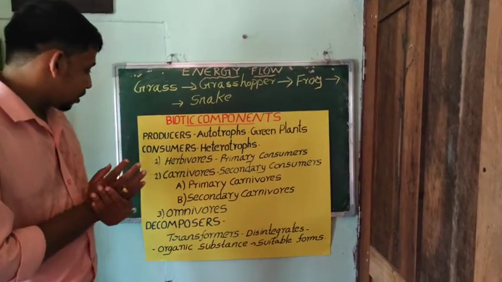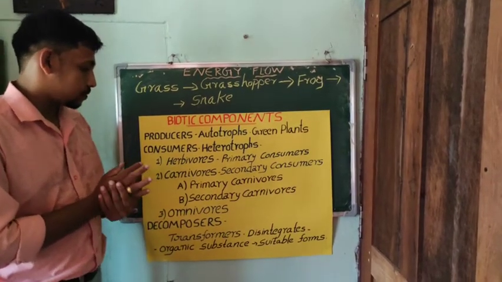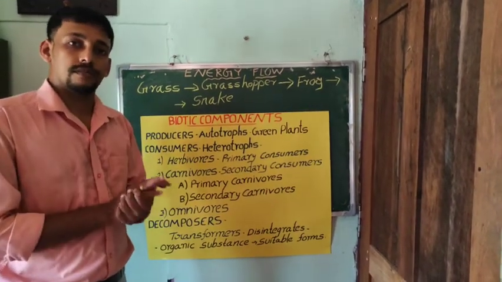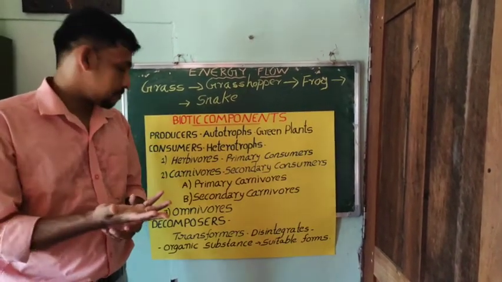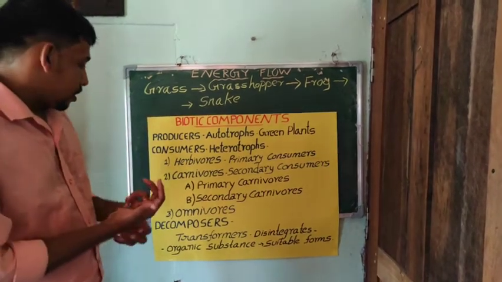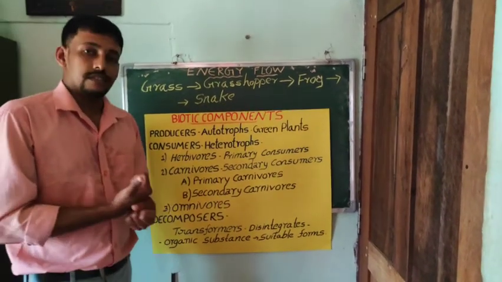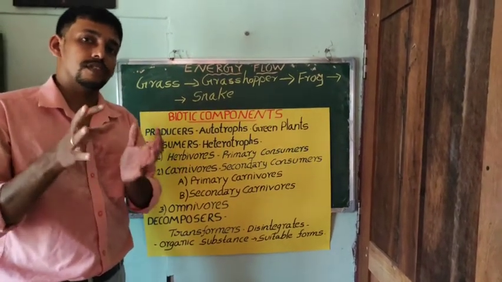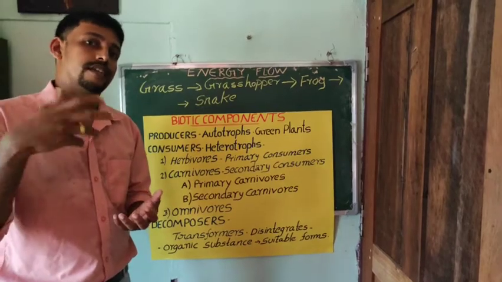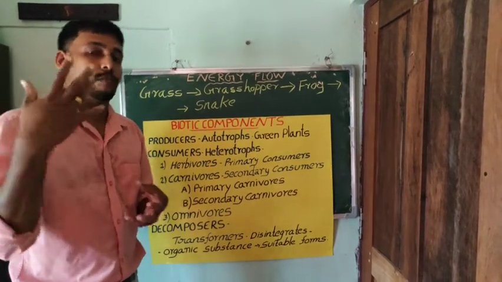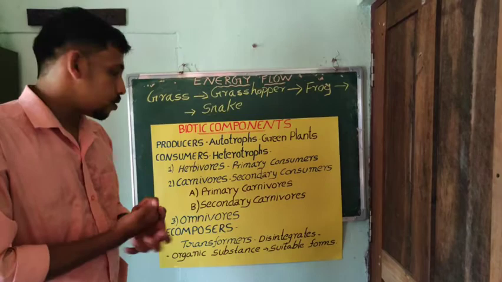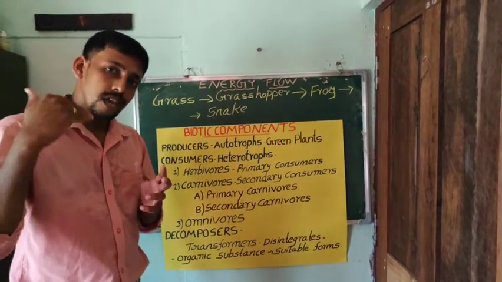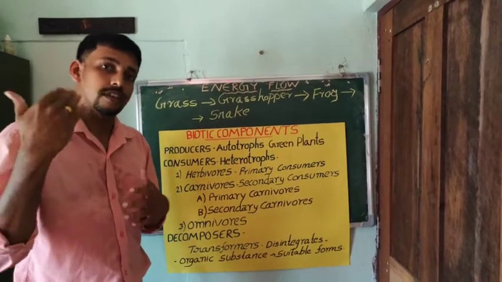Then coming to the decomposers. These constitute the microbes, the microscopic organisms, fungi and bacteria. What they do is break down the organic substances, the dead and decaying plant and animal materials, into forms that can be easily absorbed and used by the plants.